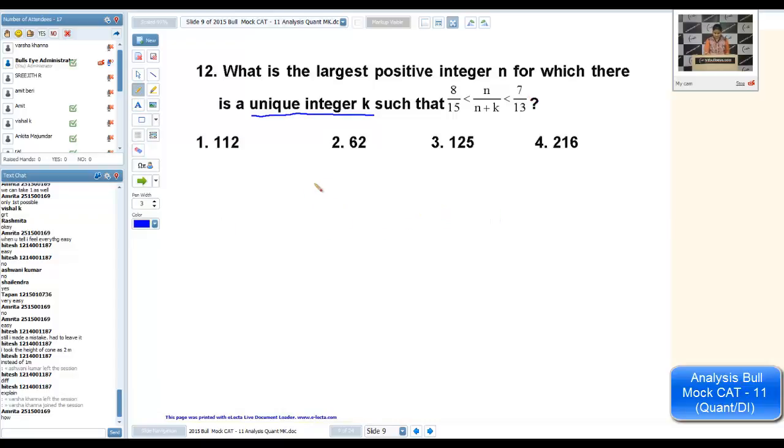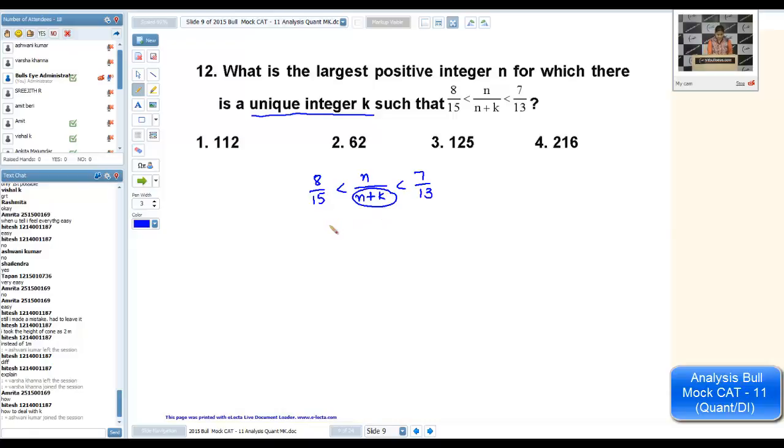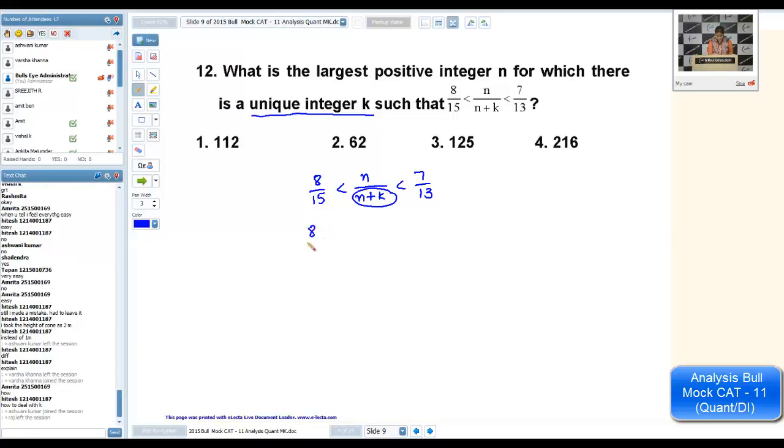Okay, let us solve it. 8 by 15. First of all, since n and k both are positive integers, we can cross multiply them.